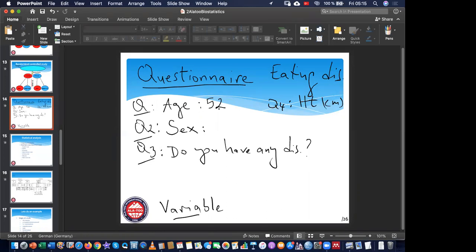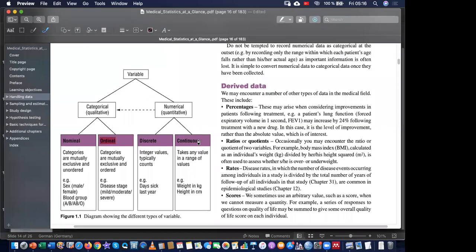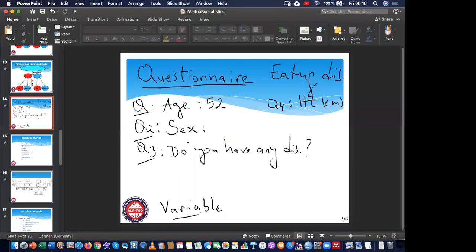We usually treat age as a discrete value, but in fact it is continuous data. I am not 52. I'm 52 point something, isn't it?